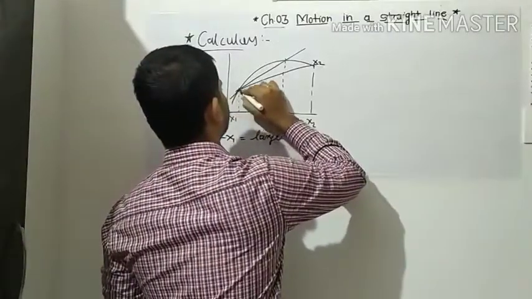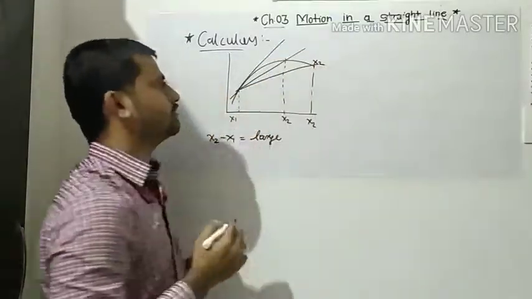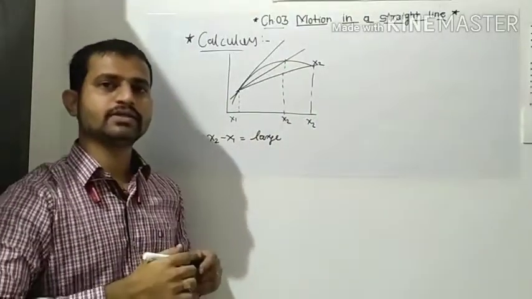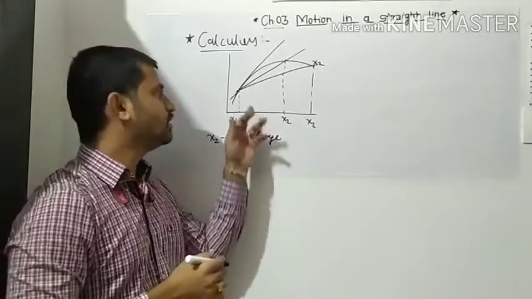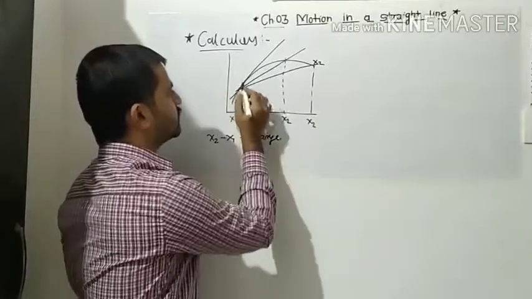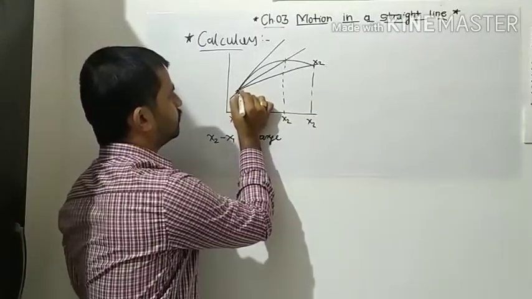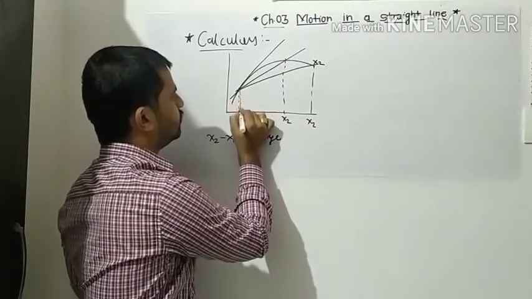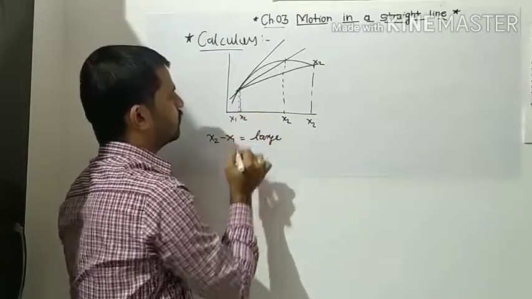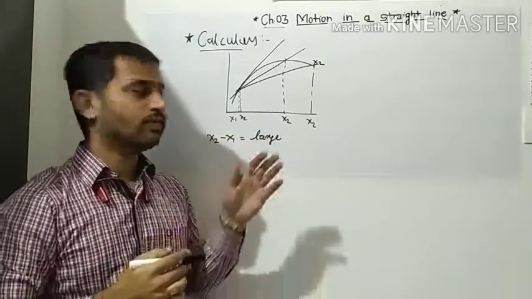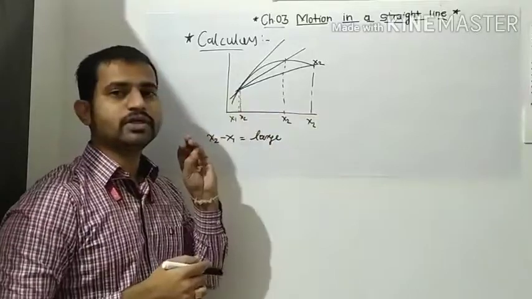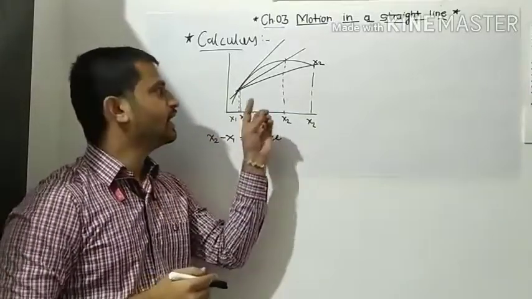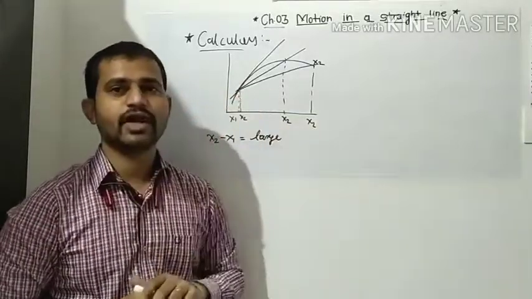Now if we draw the secant like this, the value of x2 is almost approaching, almost equal to x1, when the secant is almost tangent to that curve.